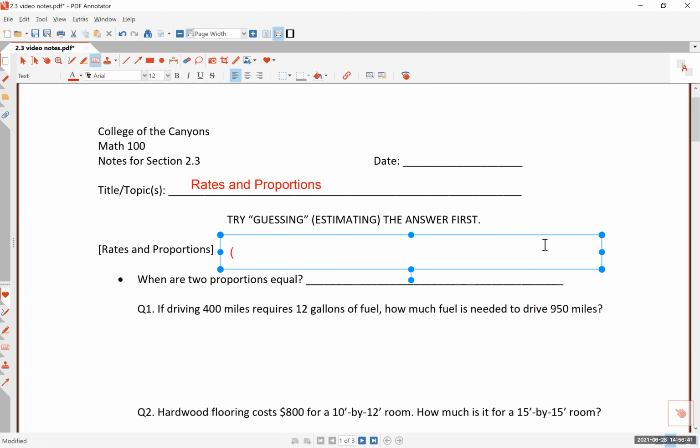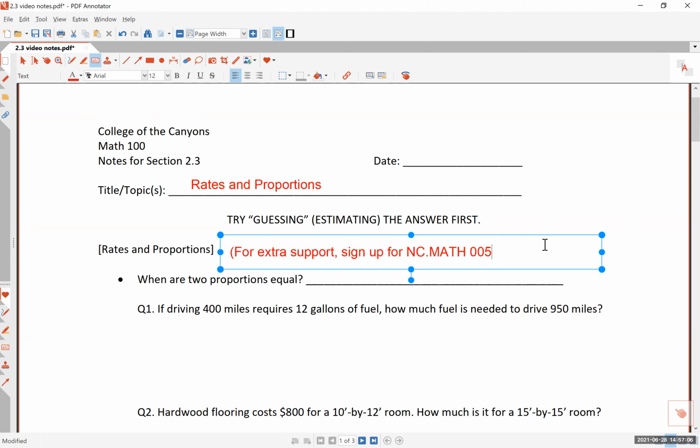Before I go on further, for extra support, remember we had a non-credit course specifically designed to address difficulties and challenges on percentages. For this section, sign up for non-credit math 005. 005 is called rates and proportions.